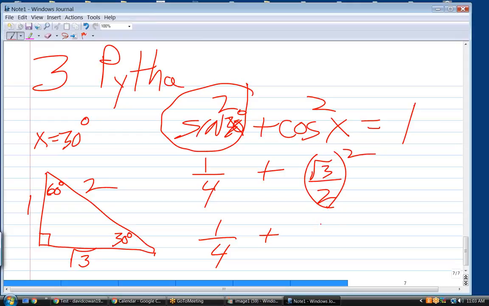It's 3 over 4. 1/4 plus 3/4 equals 1. And it does not matter what angle I use. I could have made x 60 degrees, or 42 degrees. The sine squared plus the cosine squared is always equal to 1.